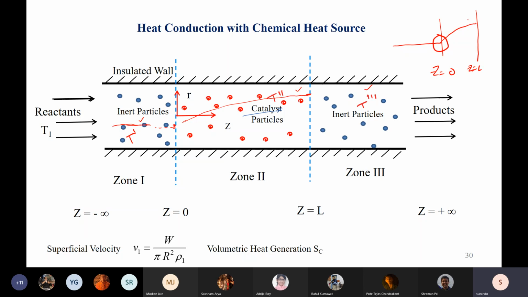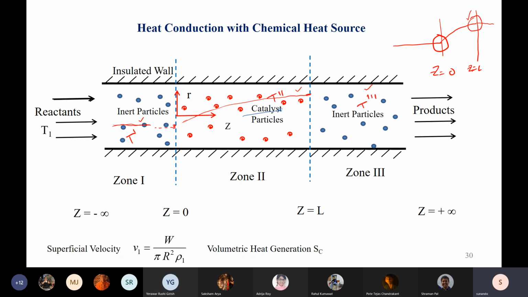And how about here at Z equals L? Anyone? Sir, it should be a horizontal line. Further, it should be a horizontal line, roughly like this in my drawing.